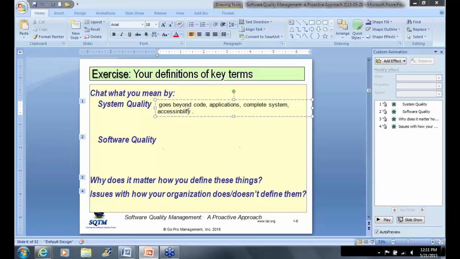Now, here's somebody that says it is the quality of the code. Quality of the code. Quality of the product.